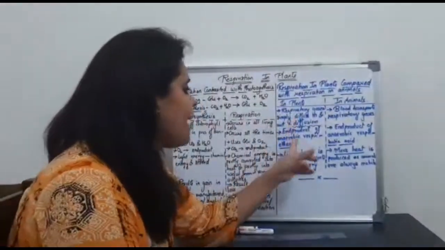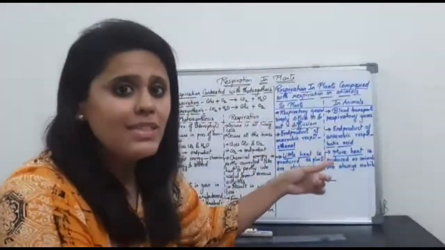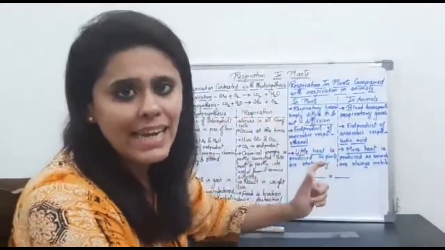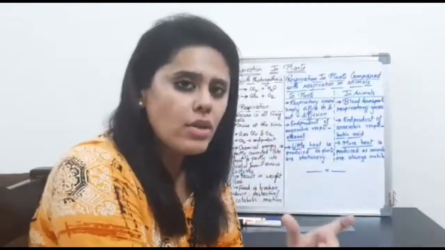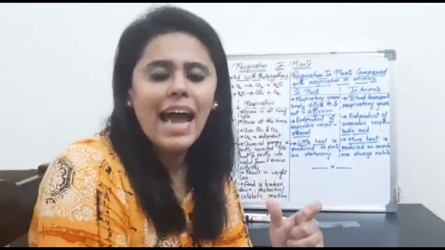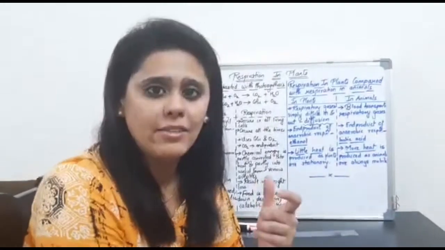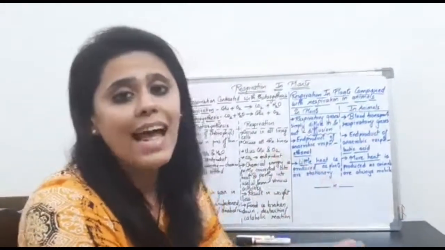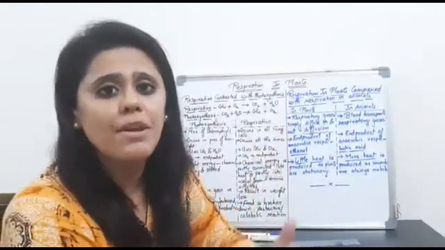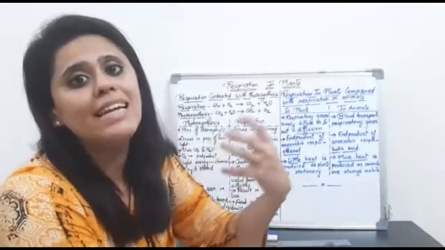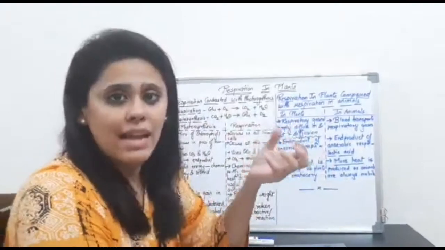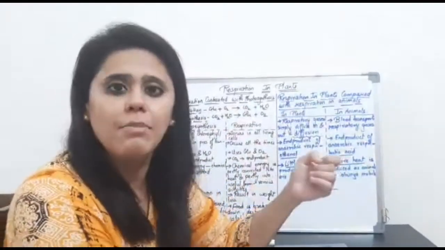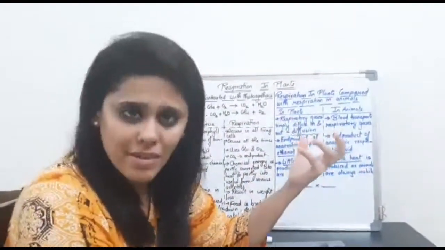And third, plant body produces very little heat in the process of respiration. If you have not forgotten, in the last slide, I explained an experiment where we learned that respiration is the process where heat is being released, heat is being evolved, okay? That we proved by keeping thermometers in the thermoflask, right?